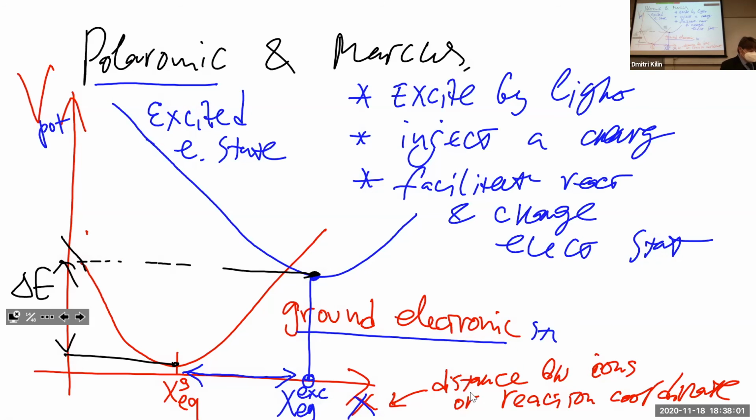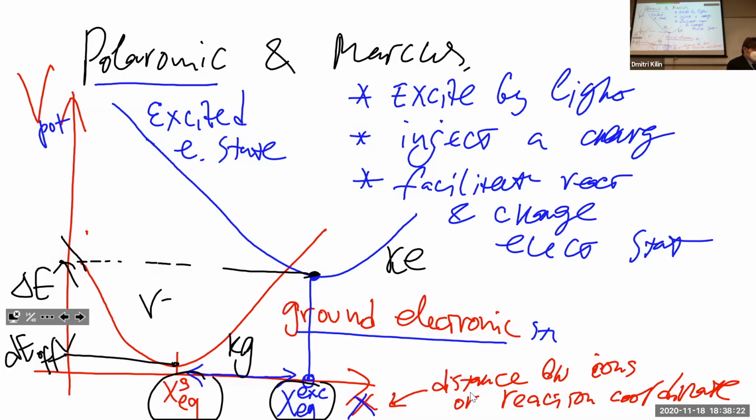So x equilibrium for ground, x equilibrium for excited. This is dE off, the offset, and the excited to ground. So the potential energy equals kg times (x minus x equilibrium ground) squared. Okay?